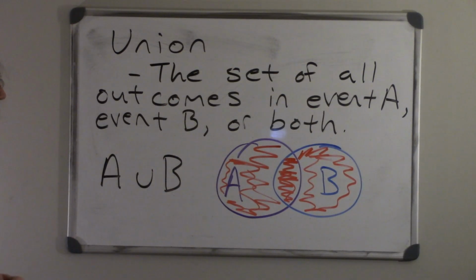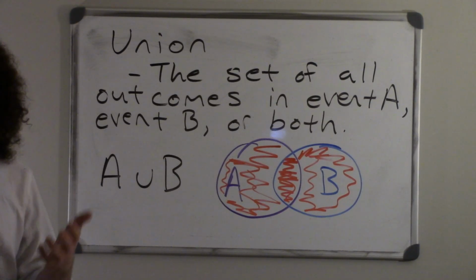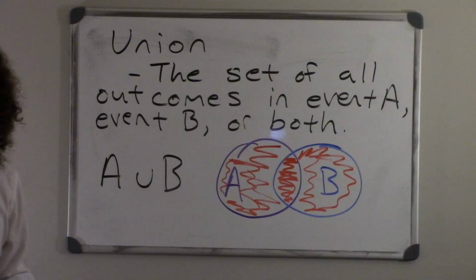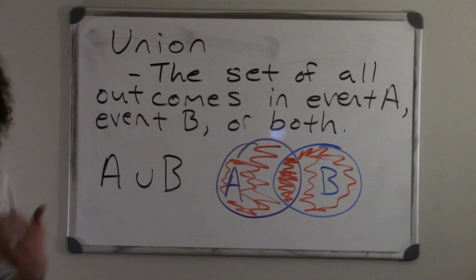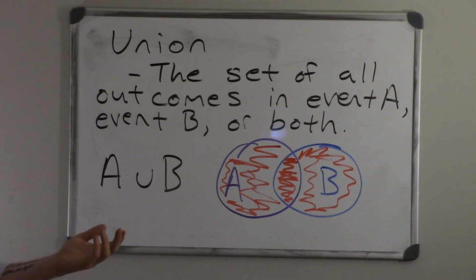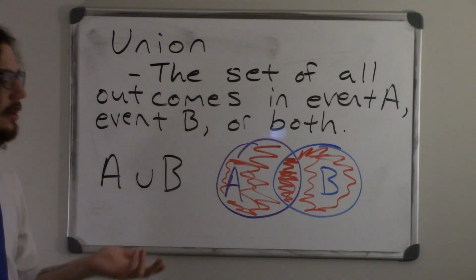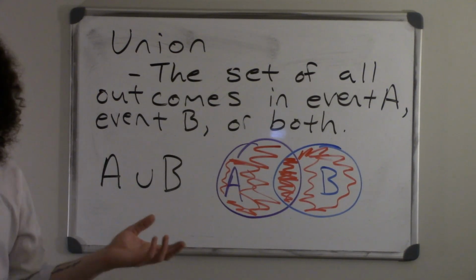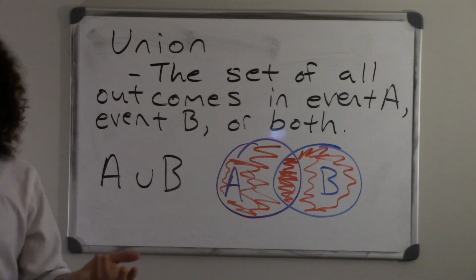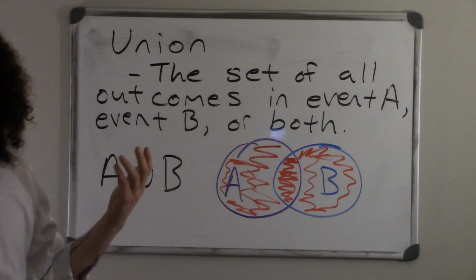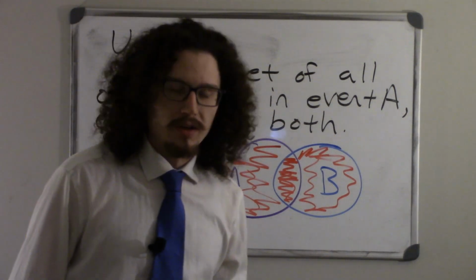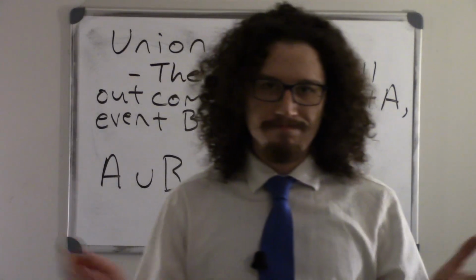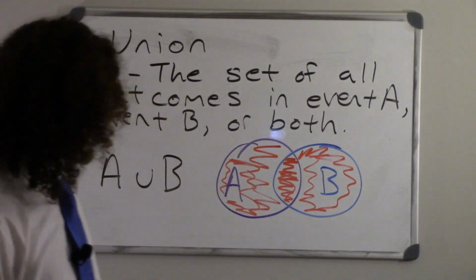In that context, we might ask, what's the probability that you pull a card that is a red card, a 7, or both? We would count any cards that are red, any cards that are 7, and the red 7 cards, because they're in both.